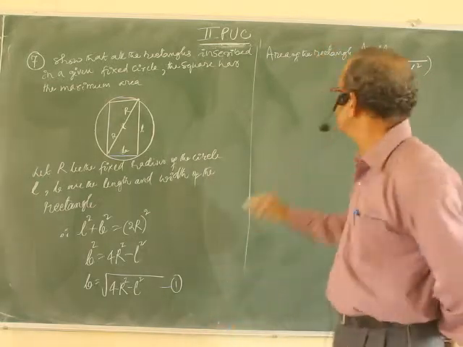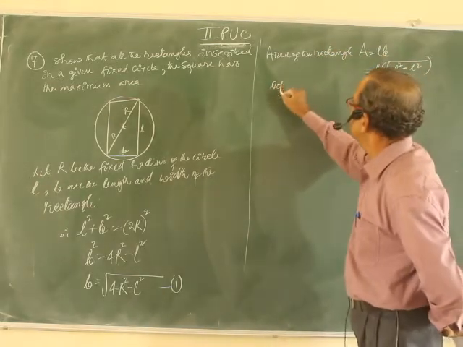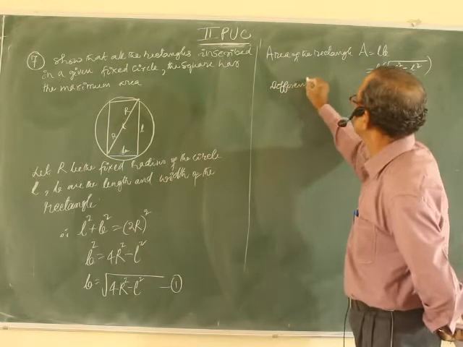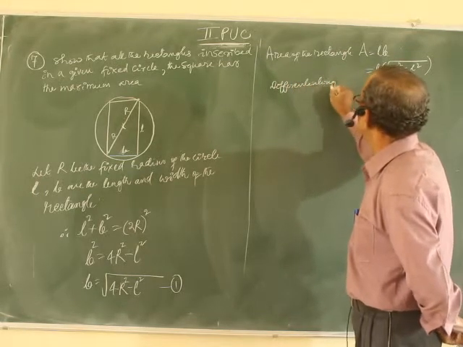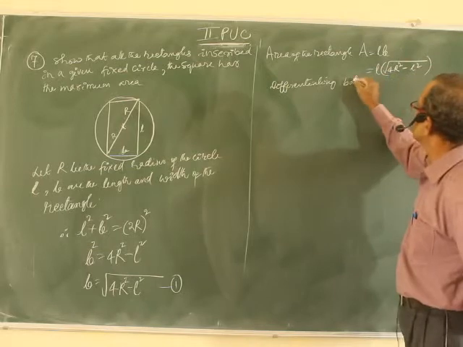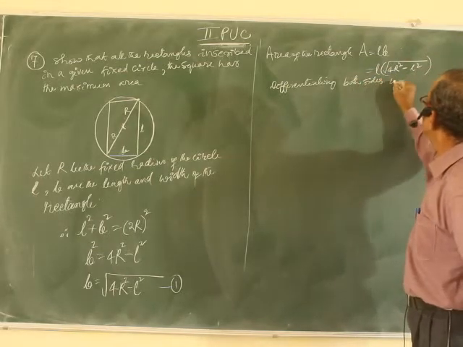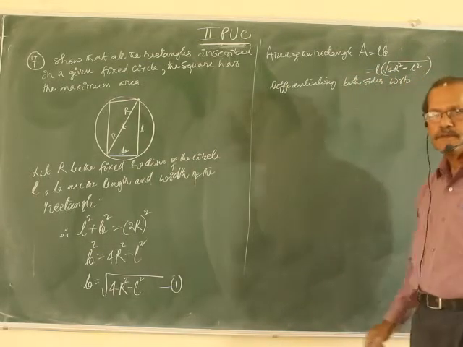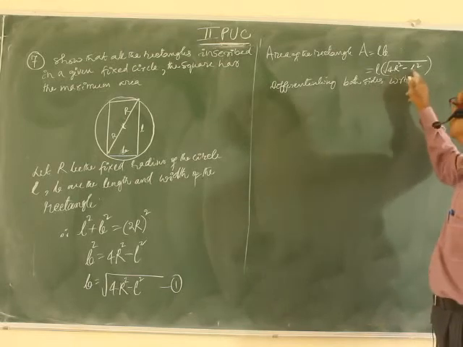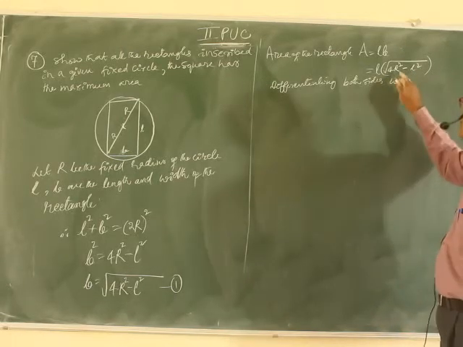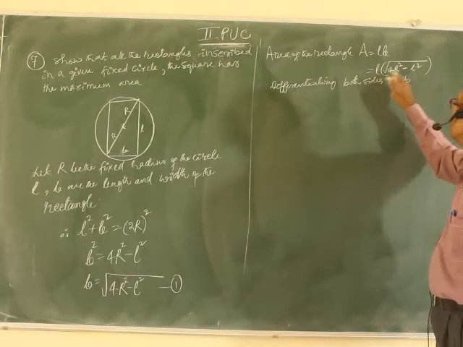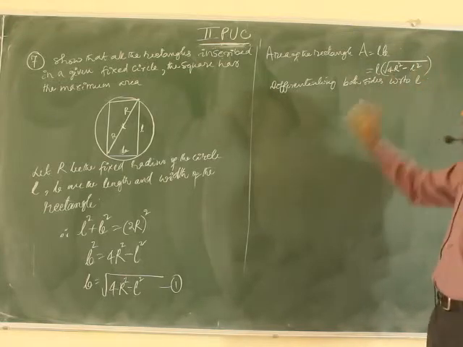Find the derivative. Differentiating both sides with respect to L. Why? Because the variable is not x here, and capital R is constant. Only L is the variable.